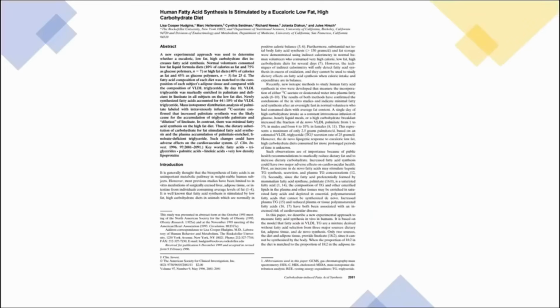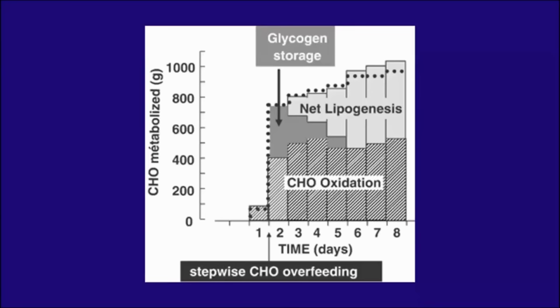This study fed subjects either low fat, high carb diets or high fat diets. And after 10 days, there was a significant increase in palmitate levels in the low fat fed subjects. In effect, they found higher levels of this saturated fat in the people who were consuming low levels of that saturated fat. And here's why.